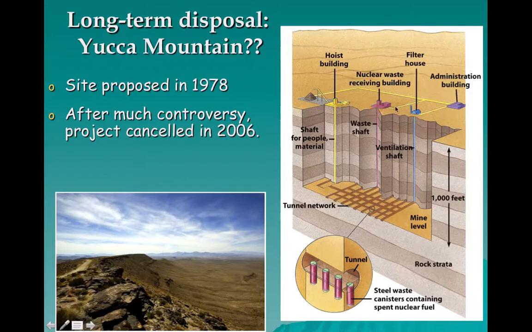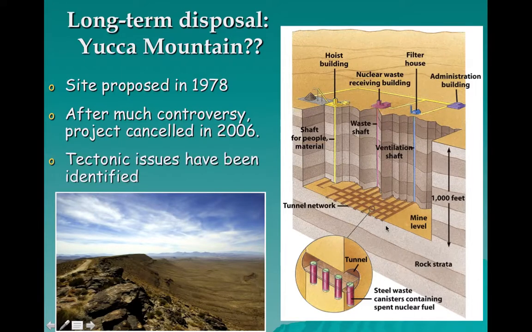And you can see this is a pretty cool diagram here of the anatomy, basically, of this disposal site. So you have all these different shafts for the nuclear fuel to go down. You have a ventilation shaft. You have one for people. And then you can see down here all this network of tunnels. Okay, so you have 1,000 feet, and that's where all of these canisters would go, way underground.